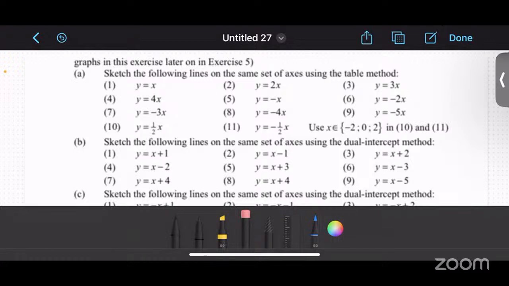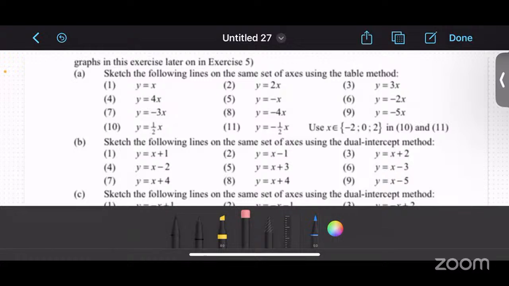So that means for each and every graph that you draw, you have to make sure that it does have a label so that we can tell that this graph is y equal to x, this graph is y equal to minus x, and so on.